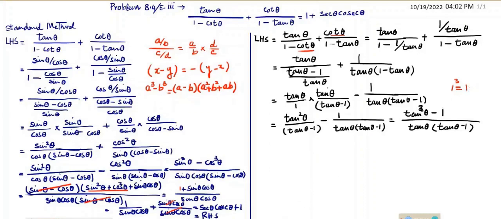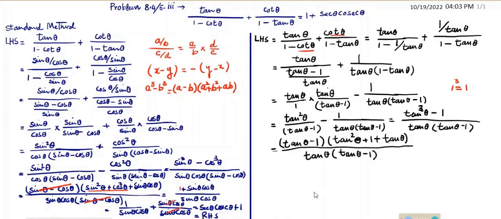So the factors of tan cube theta minus 1 will be tan theta minus 1 and tan square theta plus 1 plus tan theta into 1, that is tan theta itself. The common factor in the numerator and denominator, that is tan theta minus 1, will be cancelled.